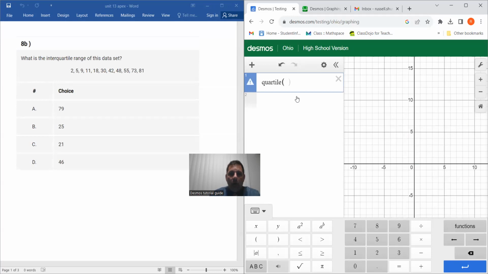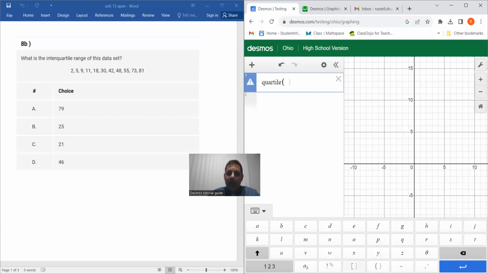So if we put quartile here, and we use these square brackets to put all these numbers in, 2, 5, 9, 11, 18, 30, 42, 48, 55, 73, and 81. And we close that off.